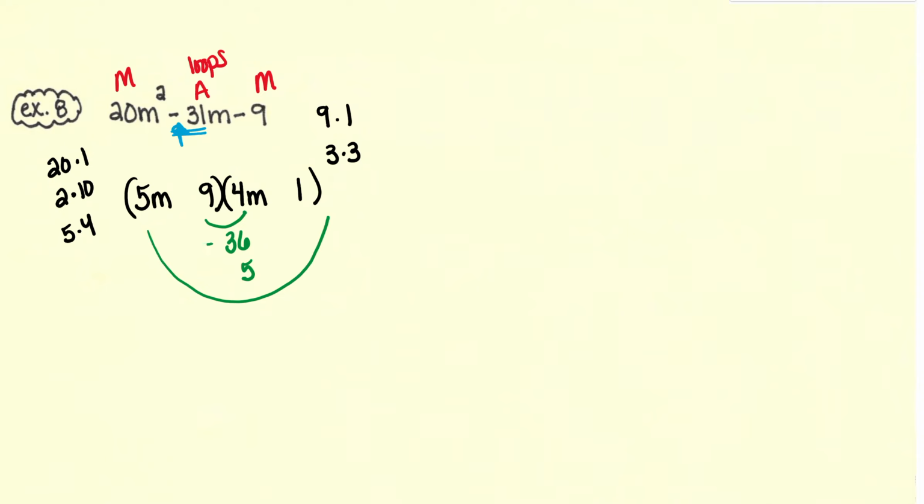So make sure you have more negatives than positives. Kick your signs back up to the problem. That negative goes there. That positive goes there. If I want to do another check, which it's always good to check, negative times positive multiplies to get a negative.